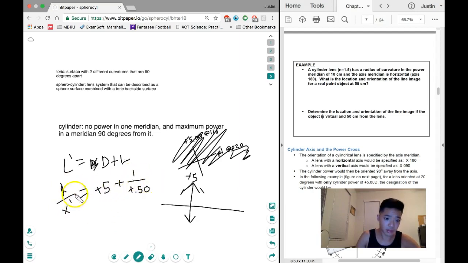This is 1, by the way. When you do all the math again, you get x equals 0.143. So hopefully you got that. 1 over 7, and that's 0.143.